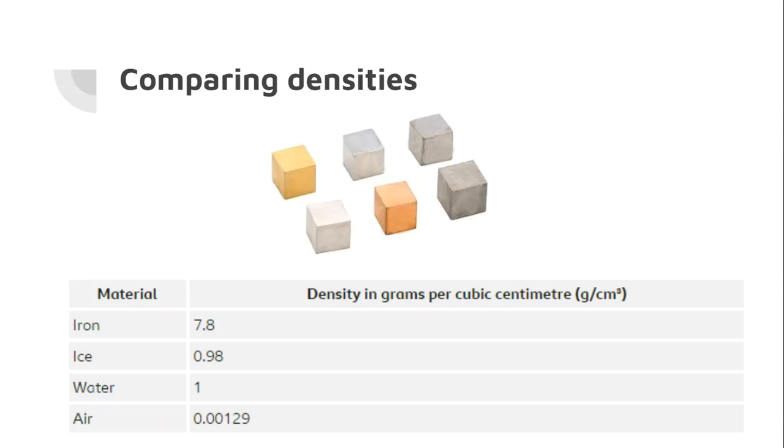This table shows you the masses of the same volume of different materials. The volume is 1 cubic centimeter. Notice that the mass of iron is 7.8 grams per cubic centimeter. Ice is 0.98, water is 1 gram per cubic centimeter, and air has the least density.